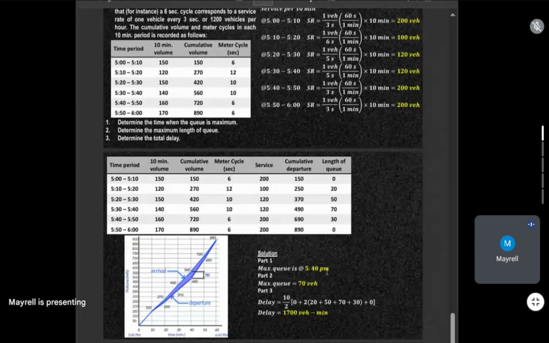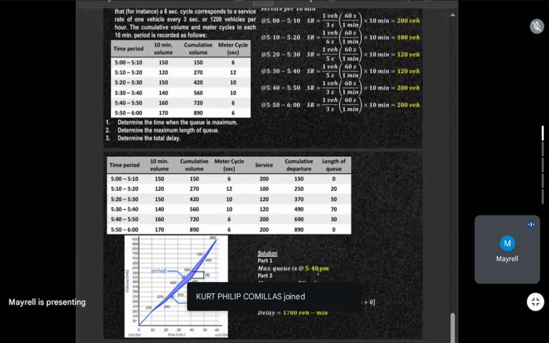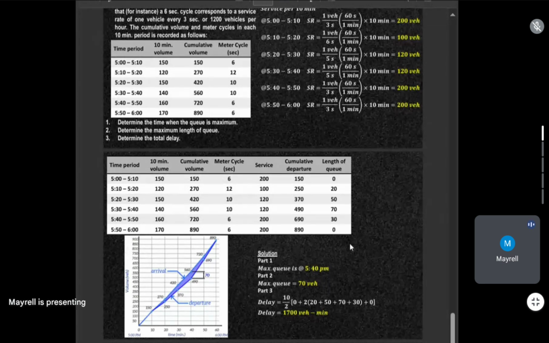The maximum queue is reached at 5:30 to 5:40. So after 5:40, the maximum queue has already been reached. So the maximum queue is 70 vehicles.